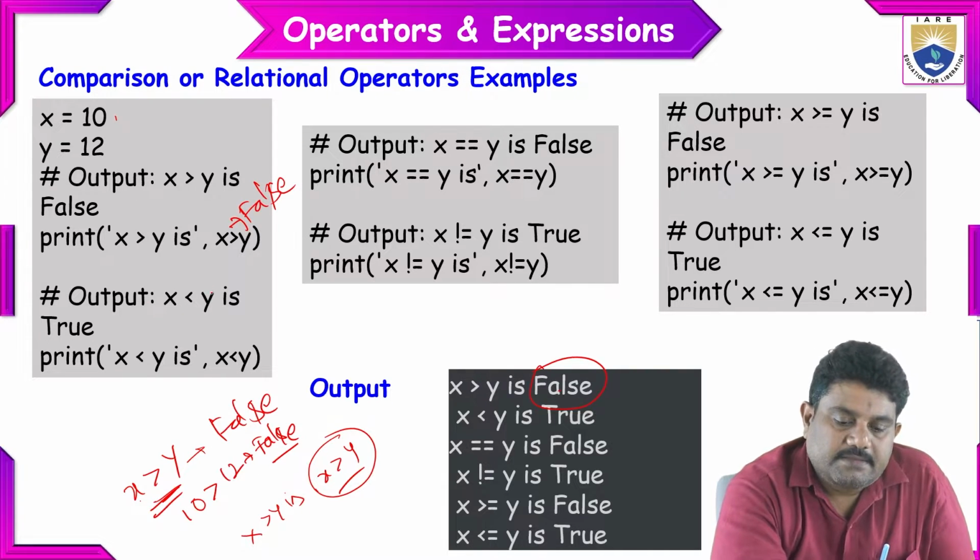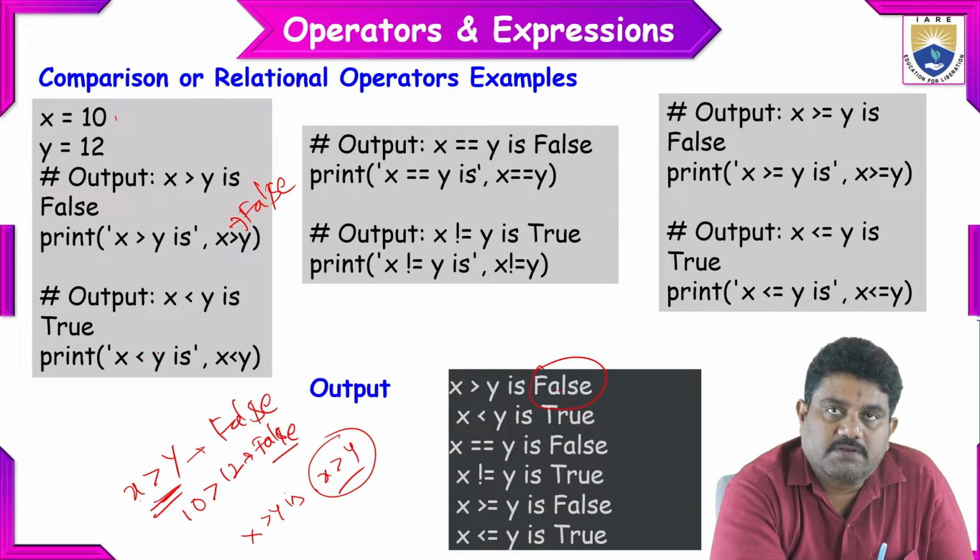Next, x less than y is true, because 10 is less than 12. It satisfies the condition, so it gives true as an output.